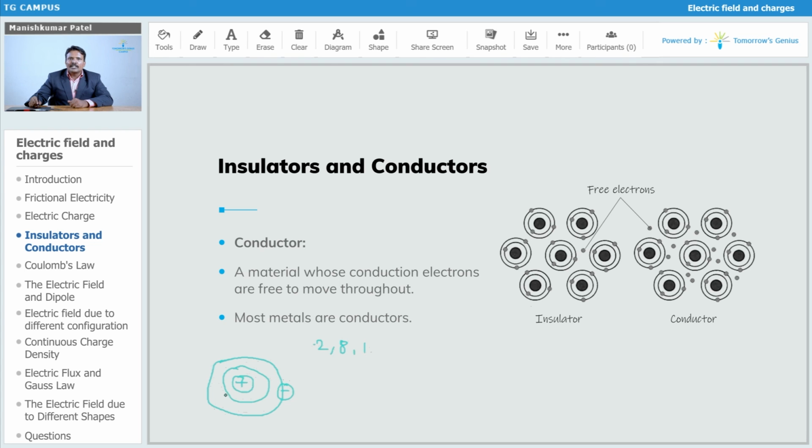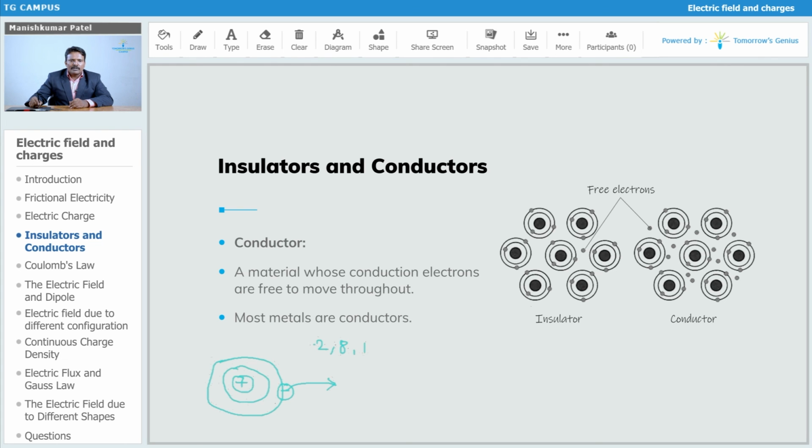So if that electron gets some external energy, it can become free and move randomly within the structure. Likewise, there are a large number of free electrons available for conduction. So this is what I call a conductor, where I have a large number of free electrons for conduction. Most metals are conductors because a large number of free electrons are available.